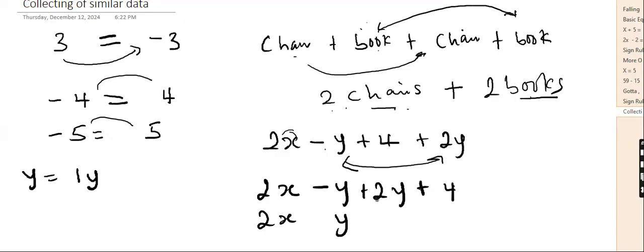And put the sign of the larger number at the answer. So which is the larger number? +2y. It carries a plus, so I'll put that here. And this is +4. Now this is going to be my answer. Quite funny that I cannot add 2x plus y plus 4, just the same way I couldn't add a chair and a book. I add 2 chairs and 2 books together because they are not of the same data. Do we understand that?